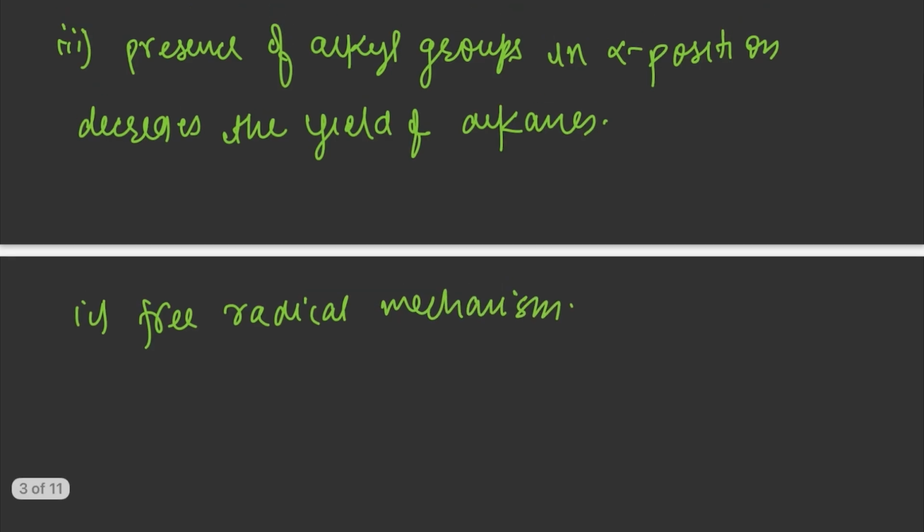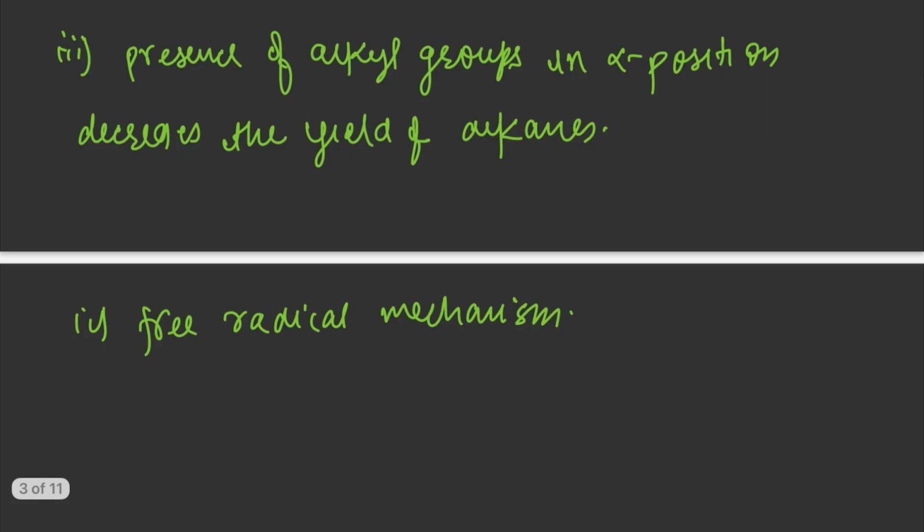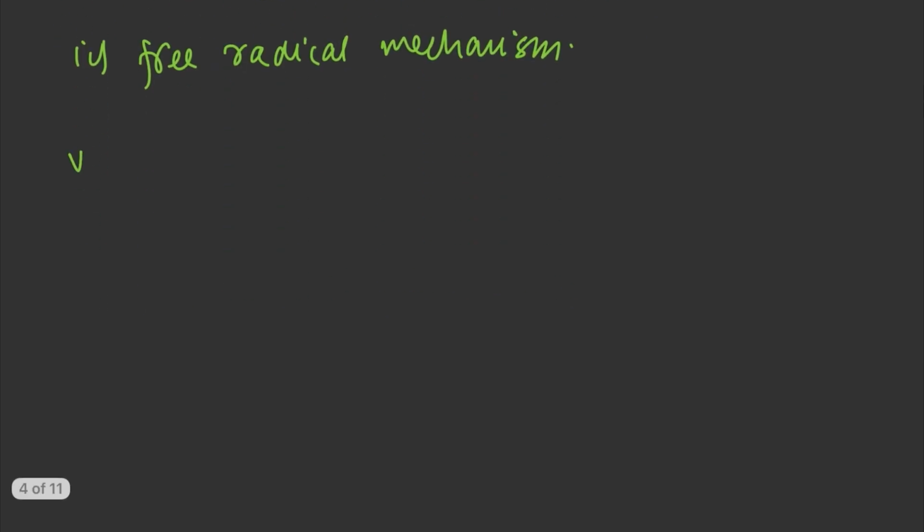So whenever we have an alkyl group in the alpha position, it will decrease the yield of alkane, and it will move to form the disproportionation product.